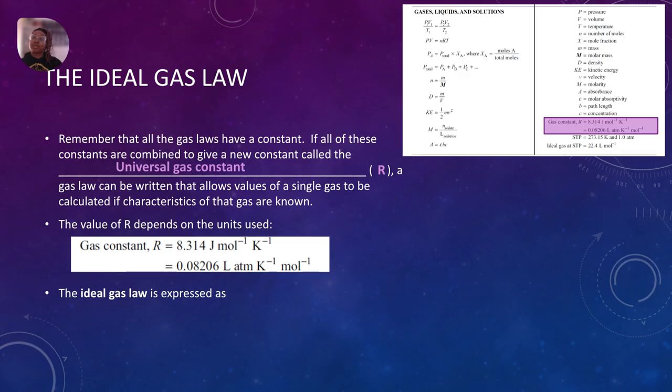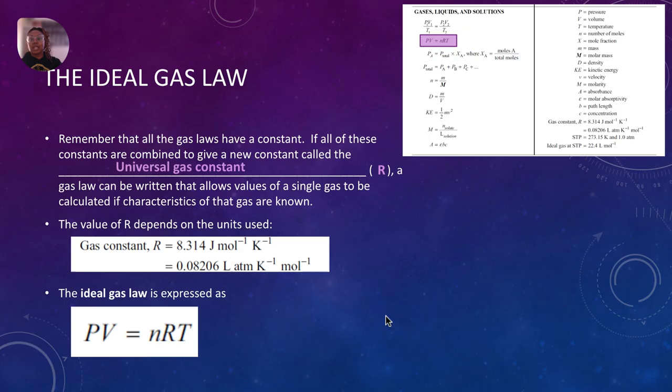That's the one we're probably going to use most often right now. Liters we know as volume. ATM is a pressure unit. Kelvin is a temperature unit. Moles is our amount. Here's what's really important. You must use those units in the equation. So if any of the numbers you're given are not in those units, you have to convert them.